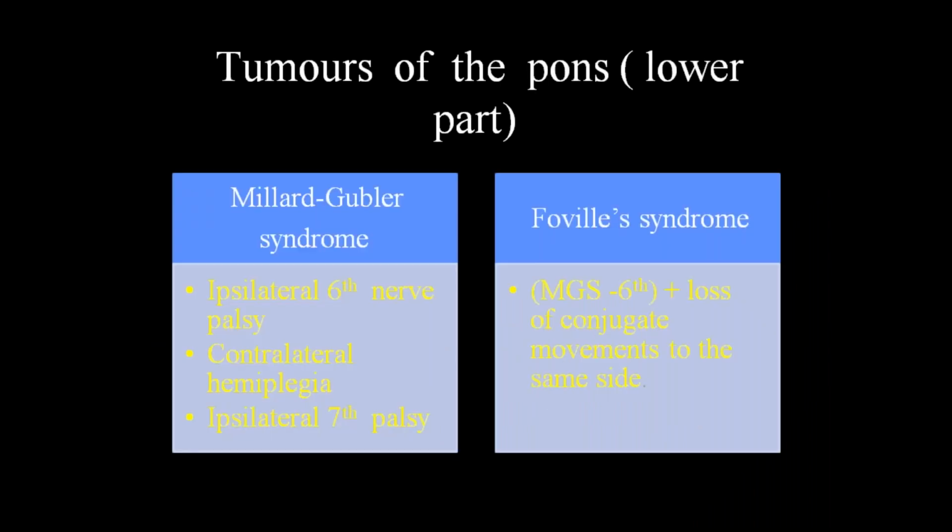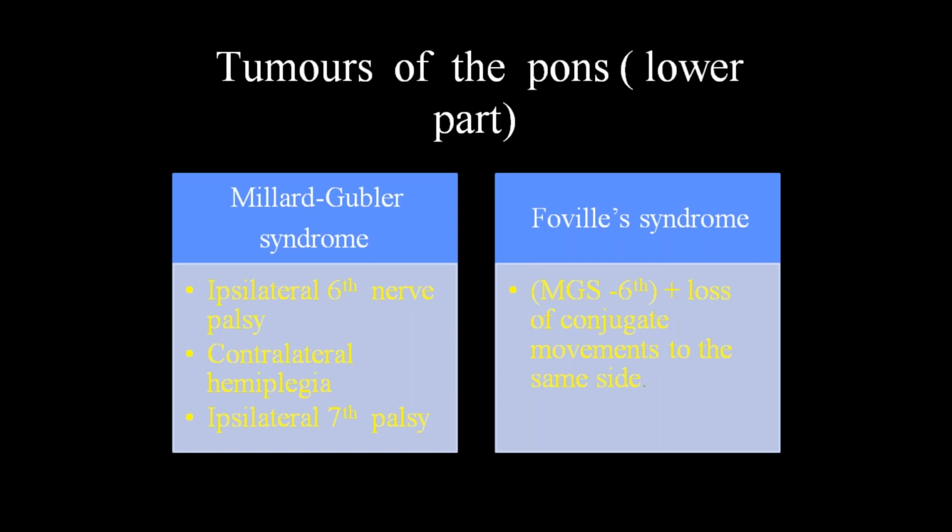What happens if the patient's pons is getting affected? When the pons is affected, the patient can present with two types of syndrome, that is Millard-Gubler syndrome and Foville syndrome. So what is Millard-Gubler syndrome? It is ipsilateral sixth nerve palsy with contralateral hemiplegia and ipsilateral seventh nerve palsy.